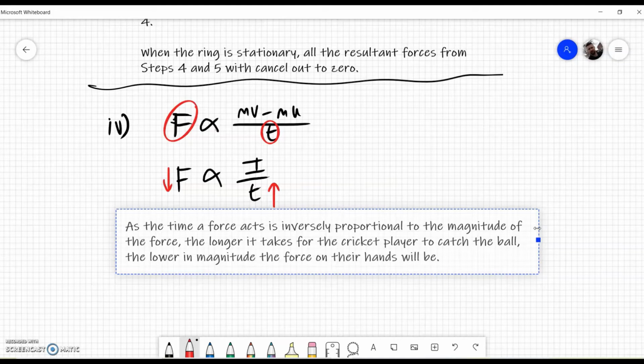So quite simply, the longer it takes to catch, the lower the contact force or the lower the impact force that the person is going to feel.